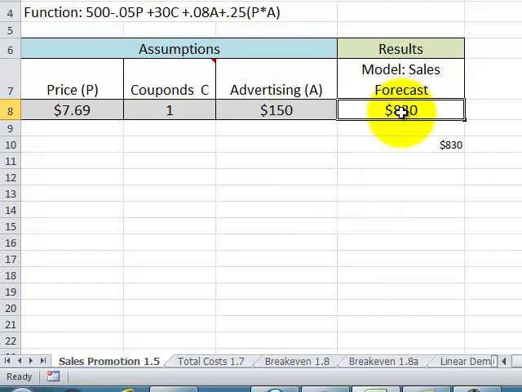What I've typed in here is just this formula: 500 minus 0.05. Let me do it for you right in here. Let me clear this out.